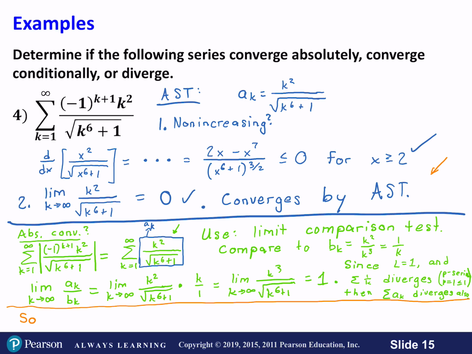So this converges conditionally. So the sum from k equals 1 to infinity of negative 1 to the k plus 1 times k squared over the square root of k to the 6th plus 1 converges conditionally.